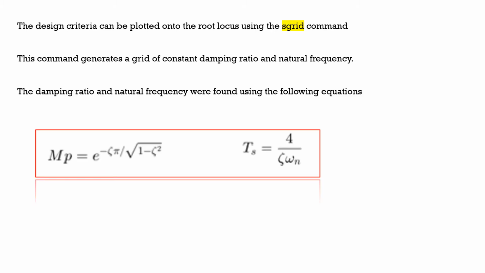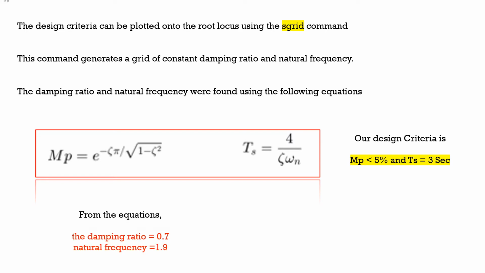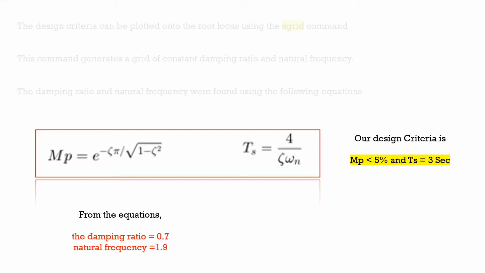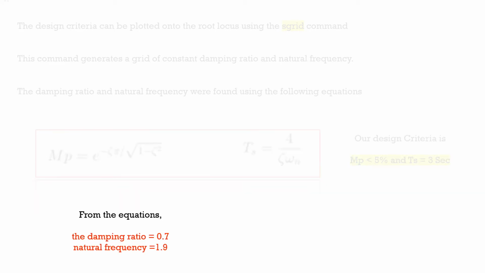The damping ratio and natural frequency were found using the following equations which relate them to our maximum percentage overshoot and settling time requirement. Note that the equation with settling time is found by assuming the system has settled when the response remains within 2% of the final value. From these equations, the damping ratio and natural frequency were found to be 0.7 and 1.9 respectively.